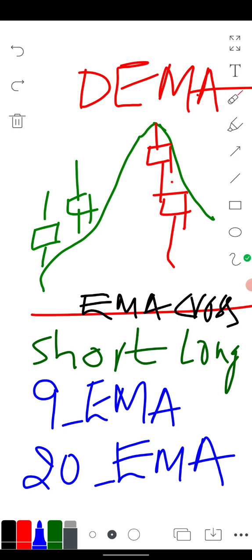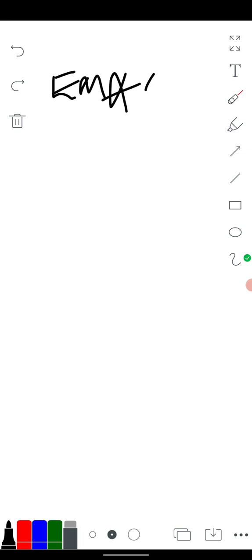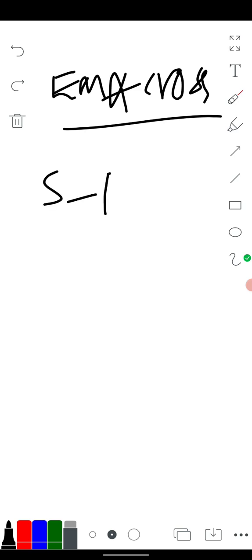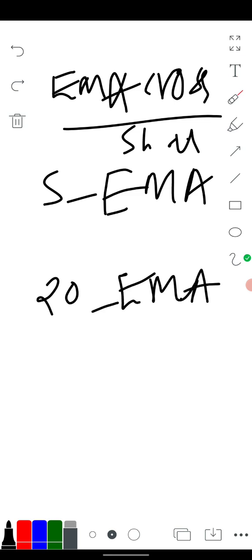And let's go for the daily usage case. In daily usage, for the EMA crossover we will be using the standard of 5 EMA for short and 20 EMA for long.